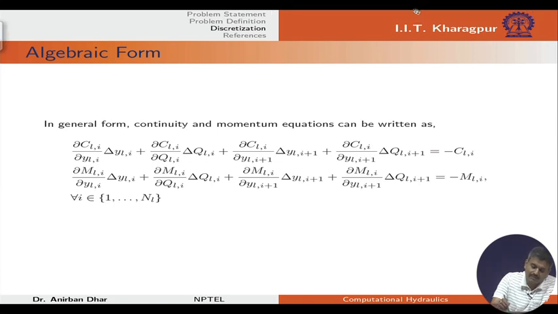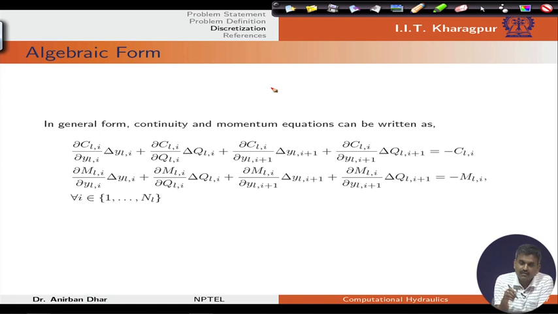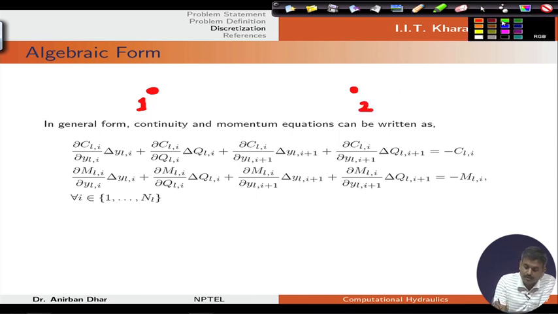So we have a total of 6 junctions. In this case, the outer one starting from 1, this is 2, we have 3, 4, 5 and 6.